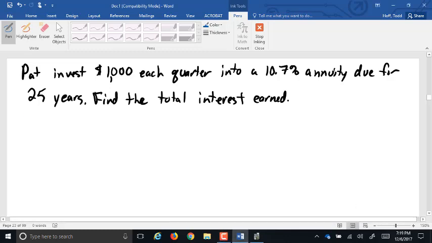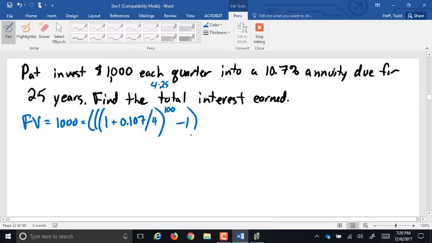Let's try it. First step here is to find the future value. So that's going to be the $1,000 payment times 1 plus 0.107 divided by 4, power of 100. 4 times 25 is 100. Minus 1.